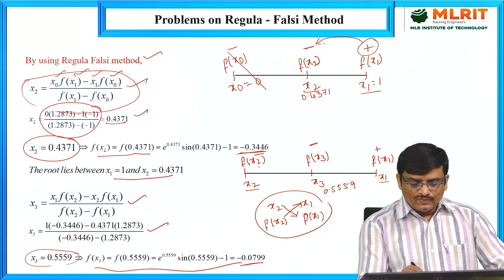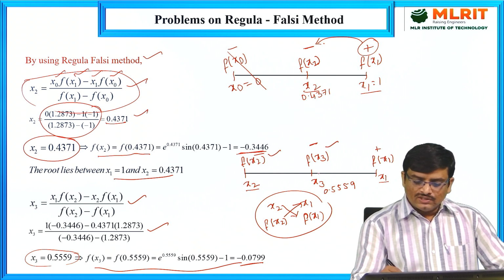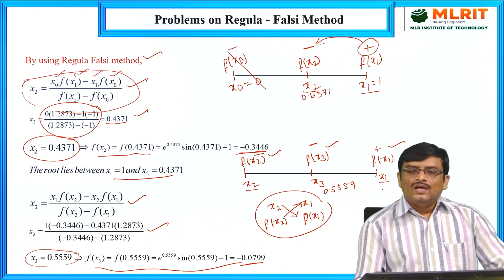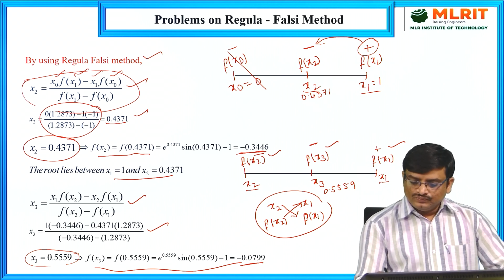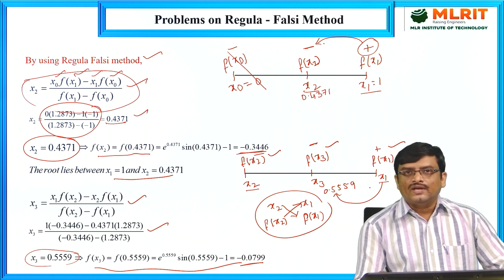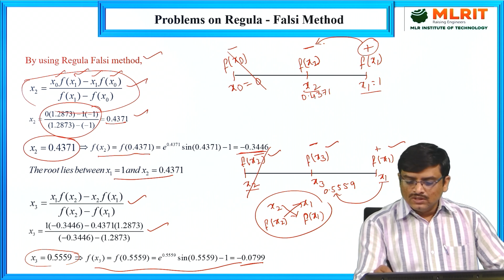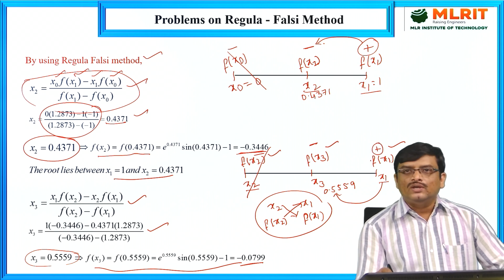Now once if you observe this, we are having two negative signs. This is one negative sign and this is one negative sign along with one positive sign. So now you identify the nearest value for x1. So from this it is very clear that x3 is the nearest value for x1. So you cancel this. Why you are taking x1 here? Because positive sign we got only one time.